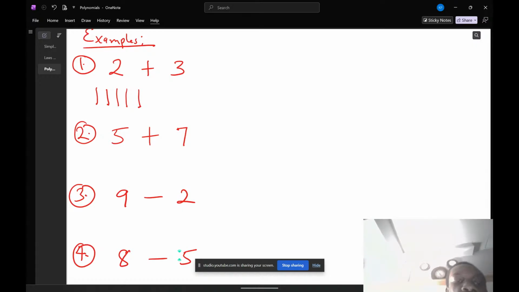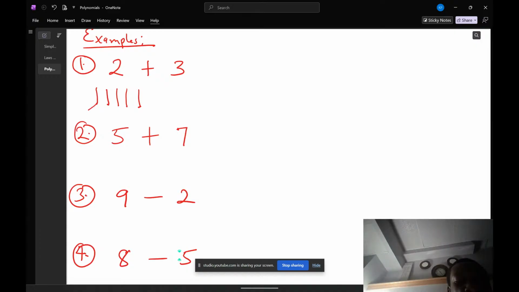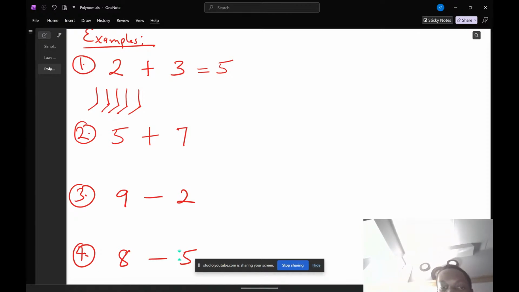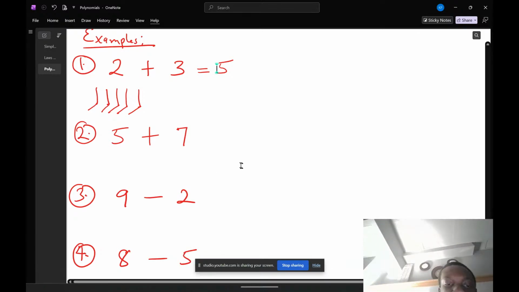So now we're going to count everything together: 1, 2, 3, 4, 5. So in this case, we can say that 2 plus 3 is equals to 5.